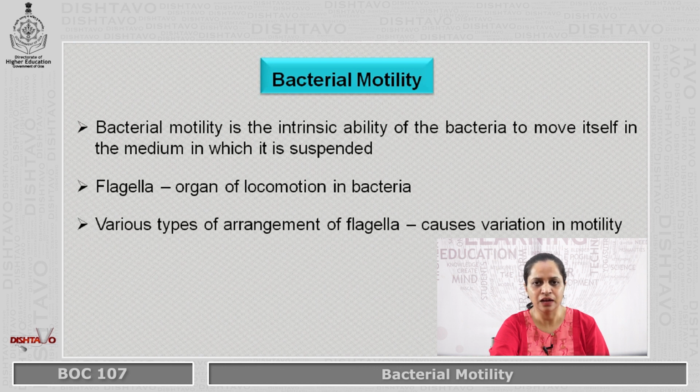So, flagella are thread-like appendages which are extending out from the plasma membrane and the cell membrane of the bacteria. Now, there are various types of arrangement of flagella on the body of the bacteria, and this causes the variation in motility in the bacteria, as some are highly motile and others are slightly motile.